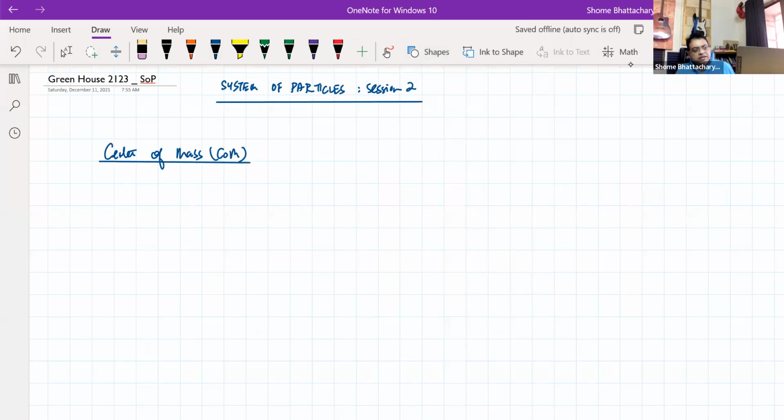Right. So we had understood the definition of center of mass as a point about which the mass of a system is symmetrically distributed.